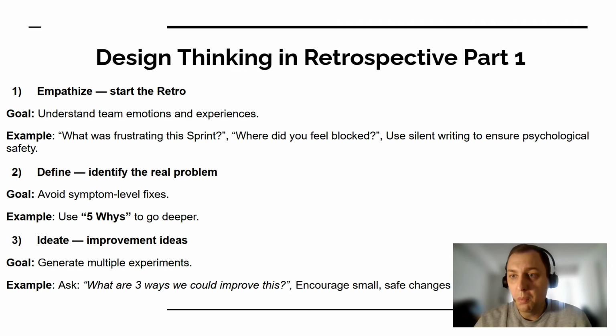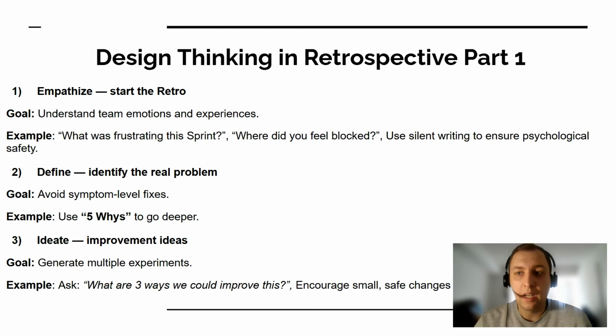The real problem we can normally extract by 5 whys. Because sometimes we need to go deeper, as some of the issues might be superficial, right? And then you still need to go deeper and understand what's actually causing the frustration or the problems and so on. So once we've identified that, we try to ideate, right?